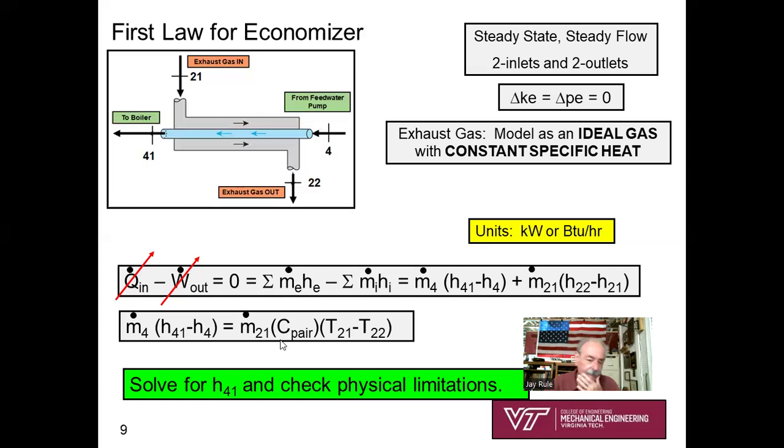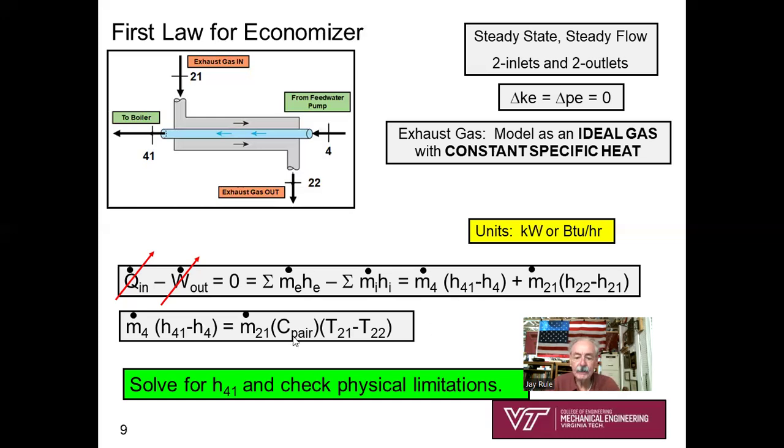I'm going to treat exhaust gas as an ideal gas with constant specific heat. I'm going to treat it probably like a gaseous mixture. I might even treat it as air, because depending on the amount of excess air being used in your combustion process.